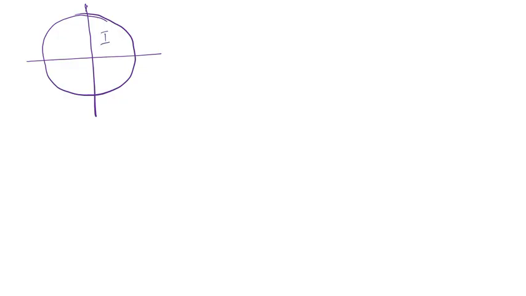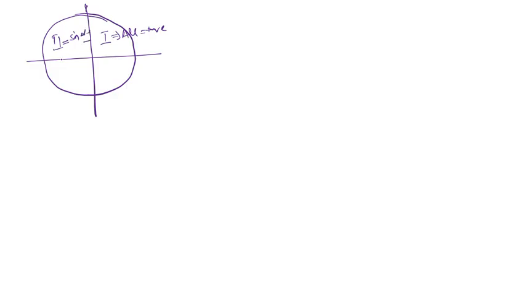Suppose I draw the unit circle like this, with the x-axis and y-axis. In the first coordinate all are positive. We write which functions are positive. In the second coordinate only sin is positive.